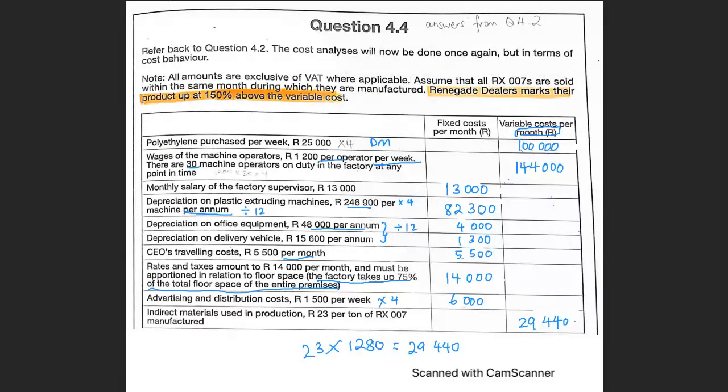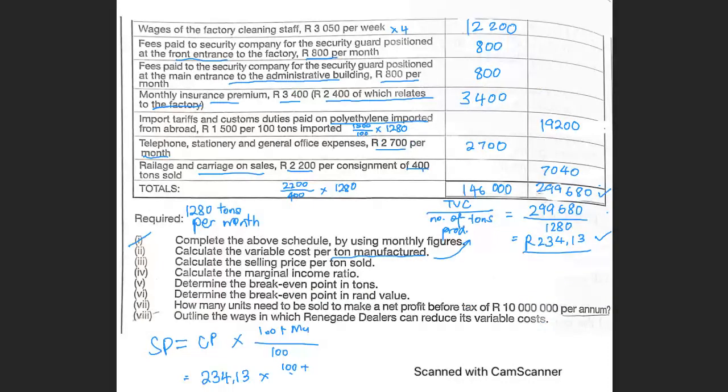They said to you it is 150%. So that would be 100 plus 150, which is 250 over 100. You can just write it down as 250, but just in case there are part marks, it would be 100 plus 150. So that gives us a selling price of 585.33.